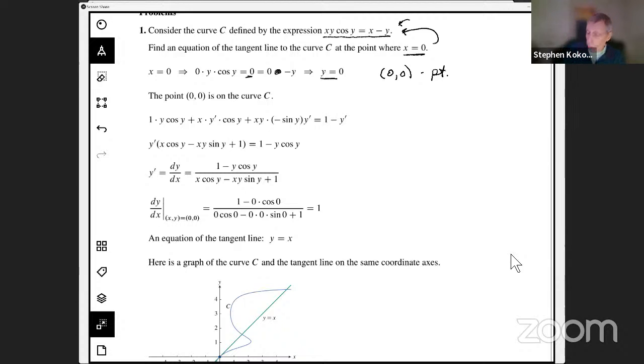Now, perhaps I should have put this problem a little bit later on, but if you look at the left-hand side, this is a little different than some of the problems that we've looked at before. This is actually a product of three terms or three functions. There's an x, there's a y, and there's a cosine of y. And so in general, how do you take the derivative of that left-hand side?